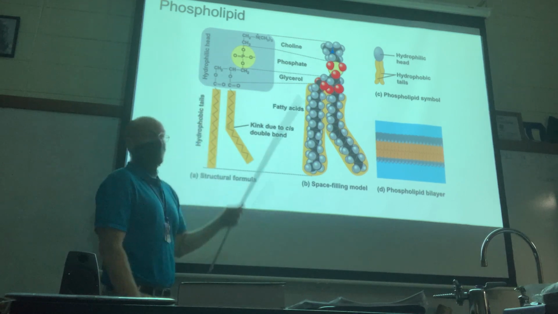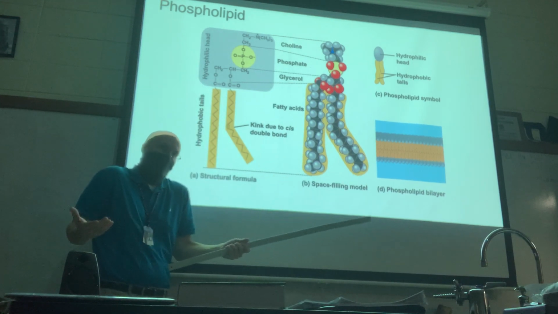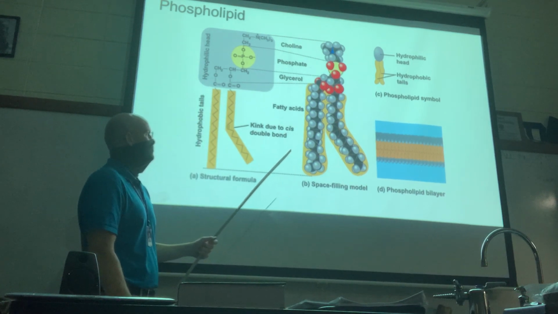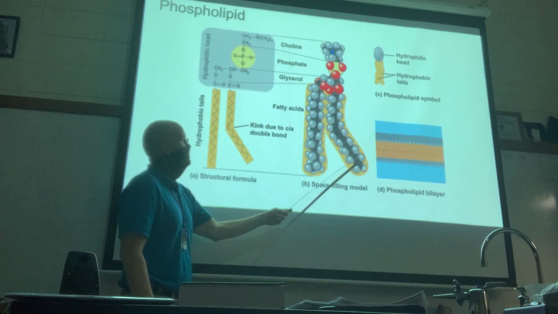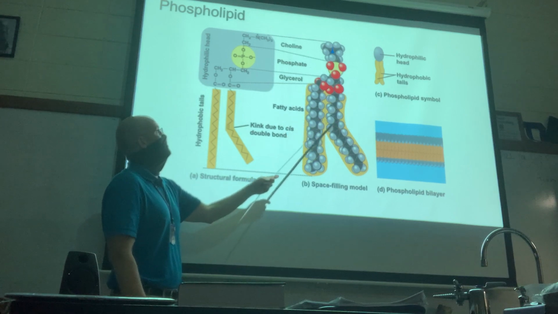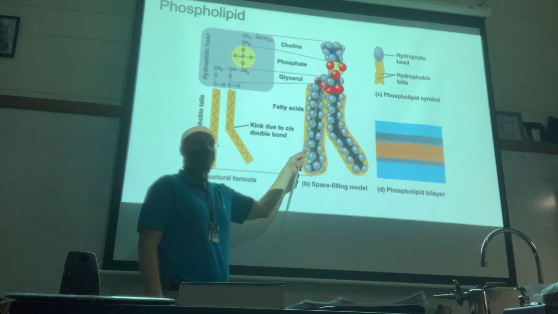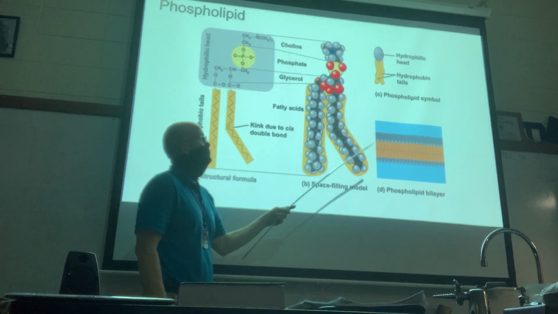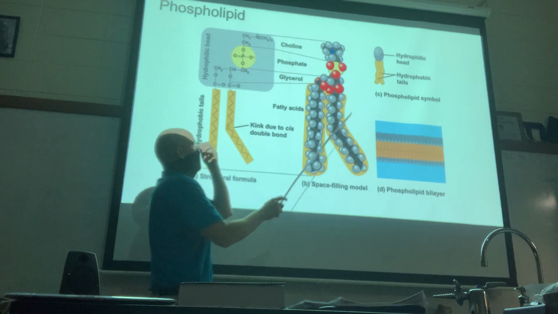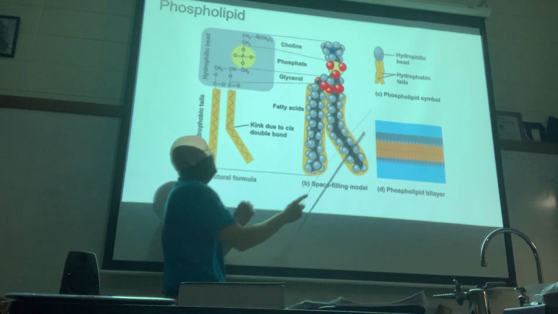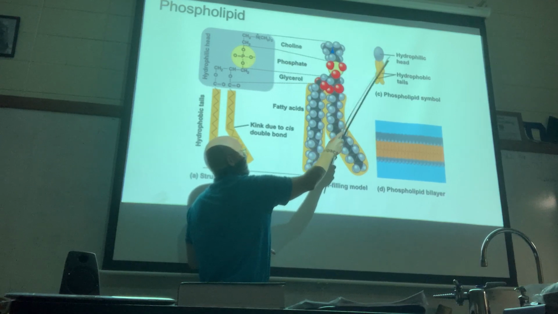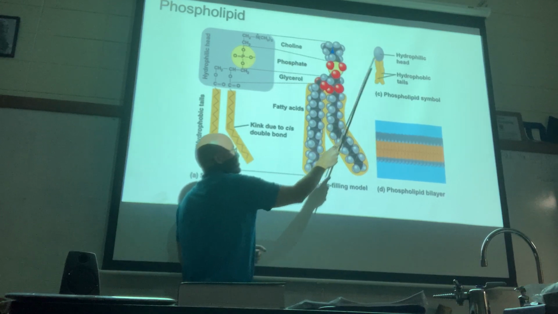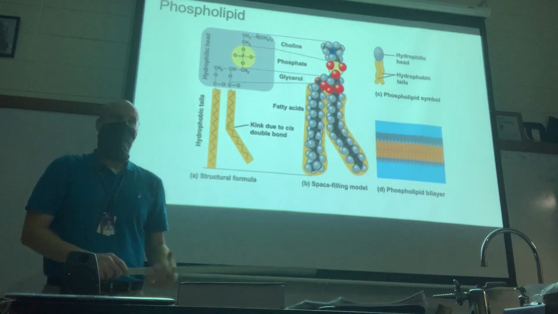So a phospholipid is one kind of fatty molecule that has fatty acid tails, and then what we call a phosphate head. And a lot of times in your book, they shorthand it, they just do a circle for the phosphate head, and then just 2 little lines coming off of it to represent the tails.